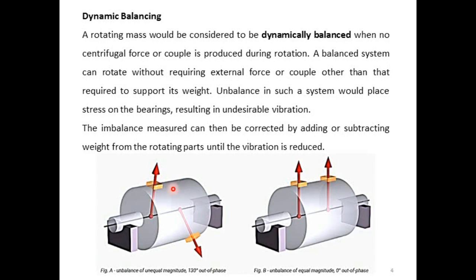Because this unbalanced force will tend to move the rotor outward, and this outward movement will cause vibration, and because of this vibration your bearings and shaft will get damaged, which is totally undesirable. So we can counter this by placing a balancing mass at a specific location and at a specific distance, which will counter the effect of the unbalanced force.